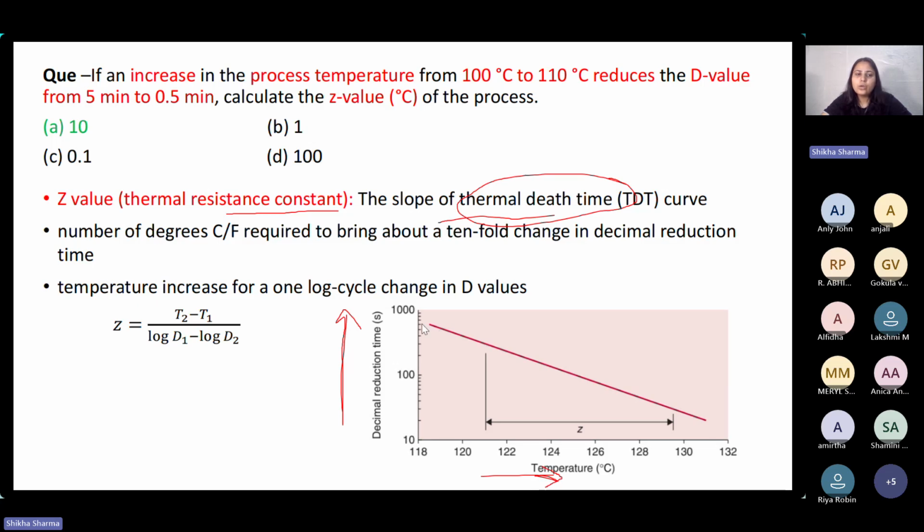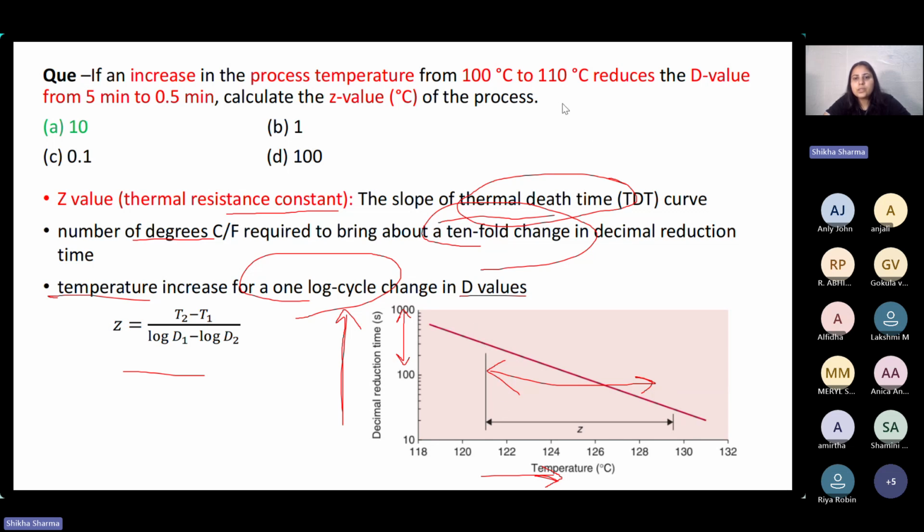So Z value says, to get 1 log cycle change in D value, how much temperature change is needed. So it is the number of degrees, in degree Celsius or Fahrenheit, required to bring a 10-fold change in the decimal reduction time. So Z is the slope of this line.